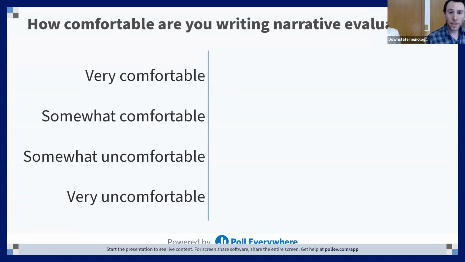And please let us know how comfortable you are writing narrative evaluations. So there should be letters. If you're very comfortable, that's A, somewhat comfortable B, somewhat uncomfortable C, and very uncomfortable D. So wholeev.com/NuriJacoby, all one word, 093.